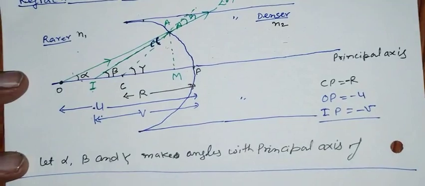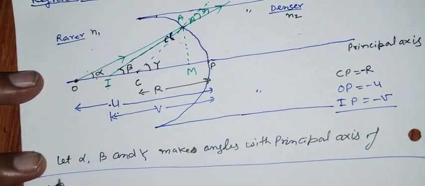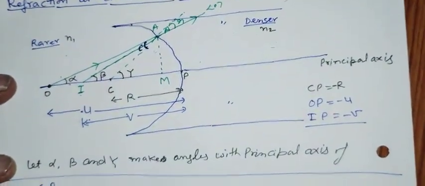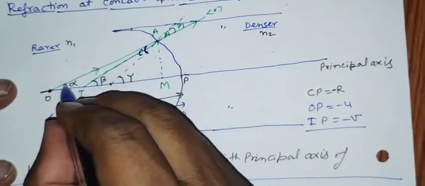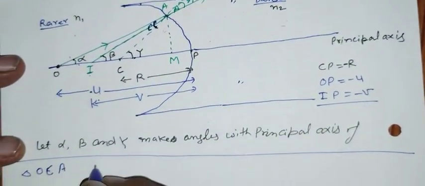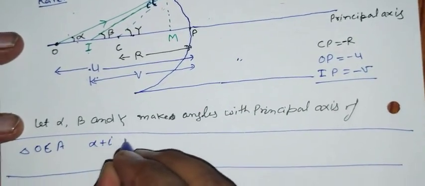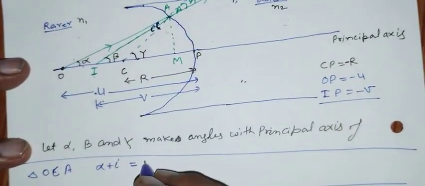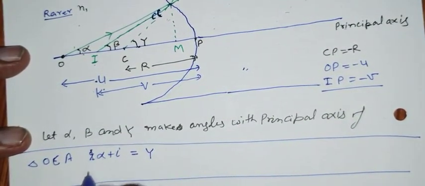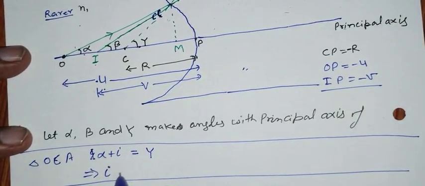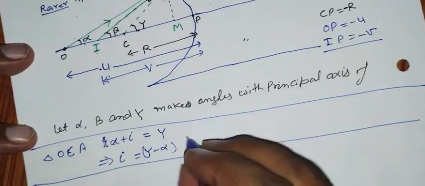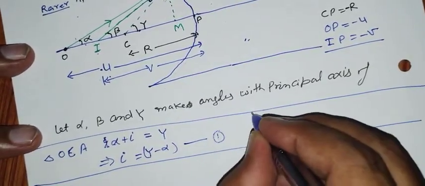We are going to take first of all triangle OCA. The sum of two interior angles is the third exterior angle. So what are the interior angles here? Alpha plus i is equal to the exterior angle gamma. By this relation, one may obtain i is equal to gamma minus alpha. We are going to take it as equation number 1.